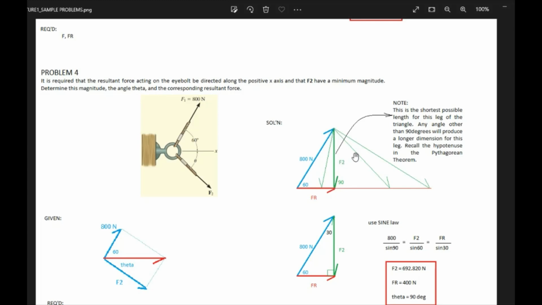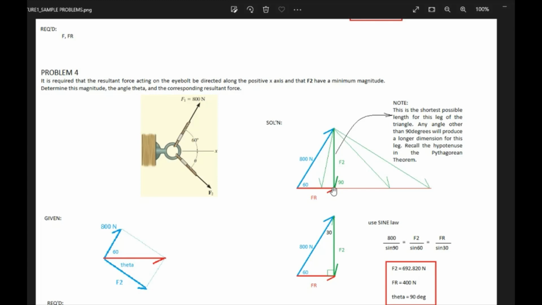This is much shorter than this one. And if I move it further, lumaki yung value ni F2, diba? Mas humaba siya. So, what you would notice is from here to here, decreasing yung value ni F2. From here to there, increasing yung value ni F2. So, saan yung minimum? Ito, no, yung vertical line na to.